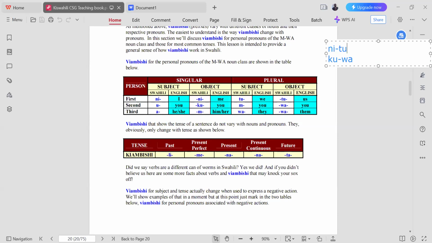In the first person pronoun, it remains the same, both in singular, in object, and in subject. Where in the first person pronouns, in the subject, the singular is ni and the plural of the same subject is tu. When referring to an object, the same singular will be ni, and the plural will be tu. Are we together there?